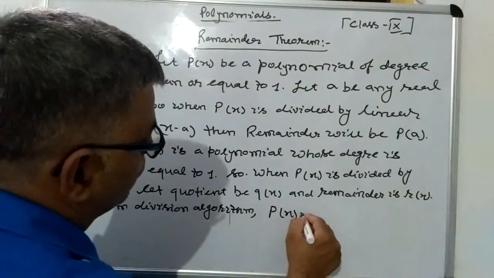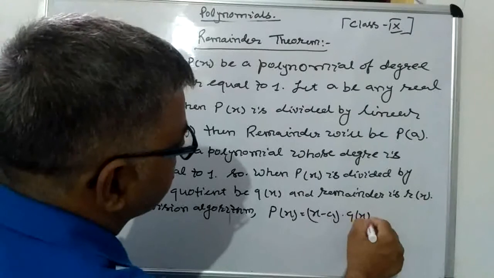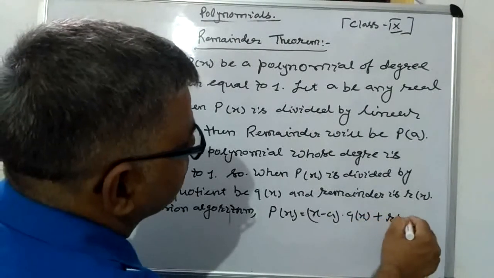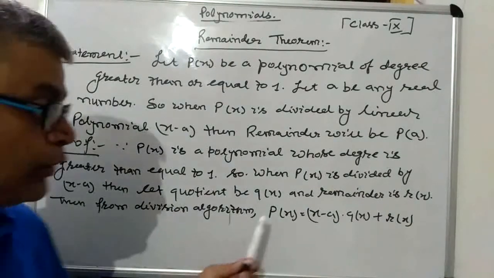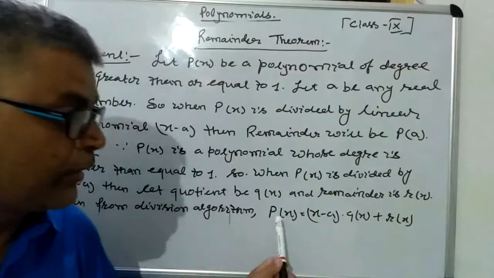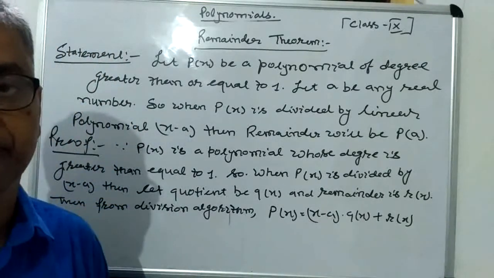Then from the division algorithm, P(x) equals (x minus a) into q(x) plus R(x). That is, you know that dividend equals divisor into quotient plus remainder.